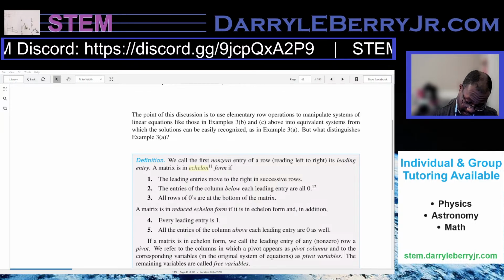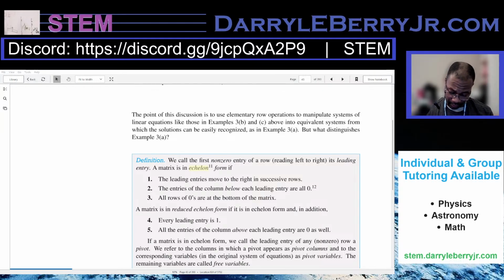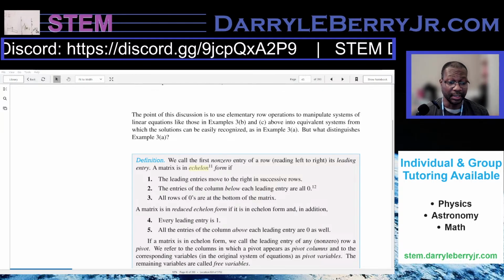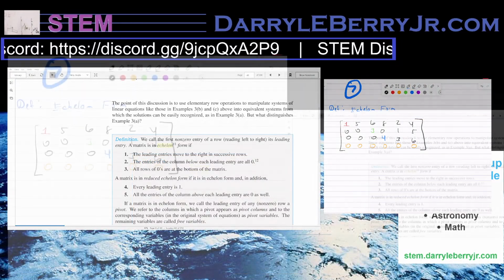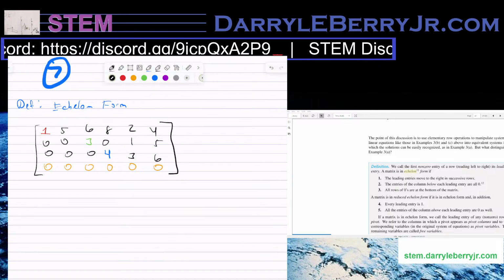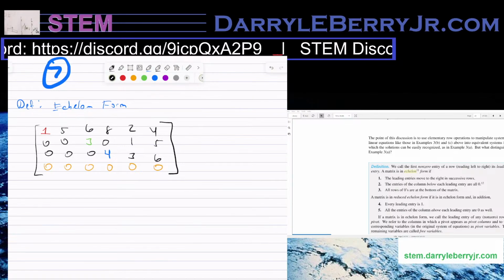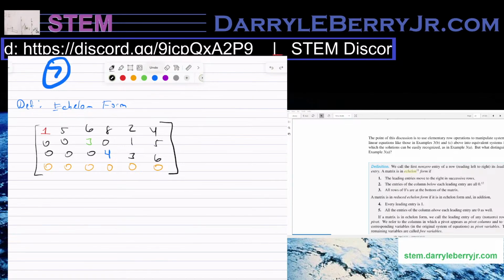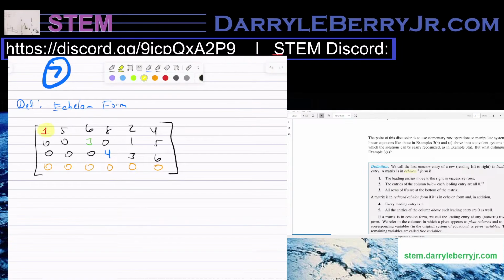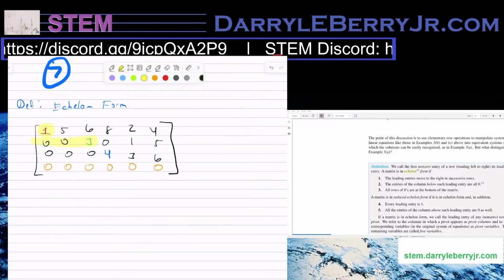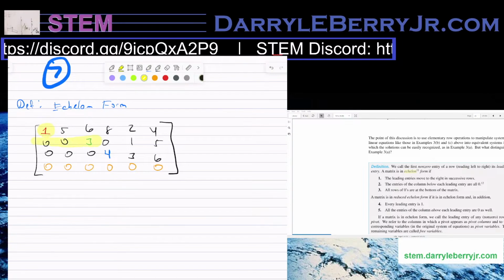All right. So you notice not everything is a 1, but the leading entry, so this is the leading entry here, and the next leading entry is to the right in successive rows.